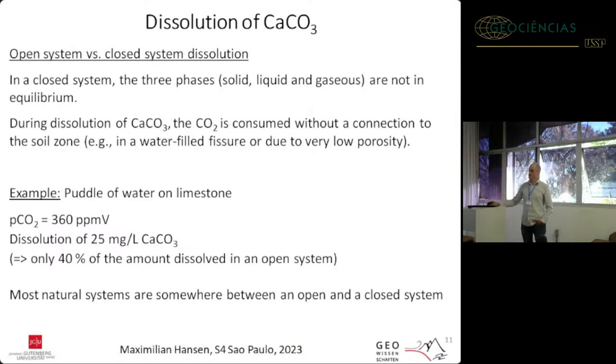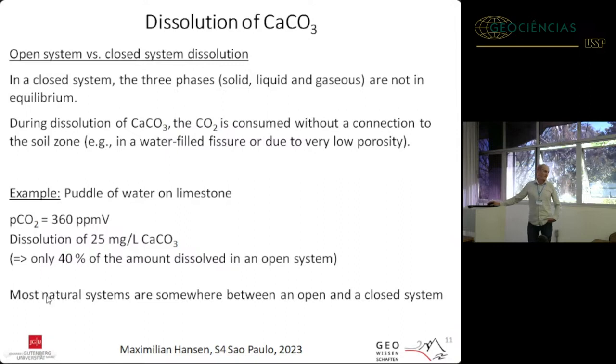And then you can take exactly the same example. You have water on top of a limestone and the same PCO2 which I showed you before. But the capacity to dissolve the carbonate host rock is only 25 milligrams per liter in this case. That means that only 40% of the amount I showed you before can be dissolved, compared to an open system, so it's much lower.